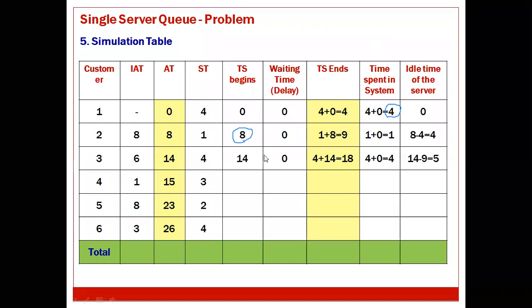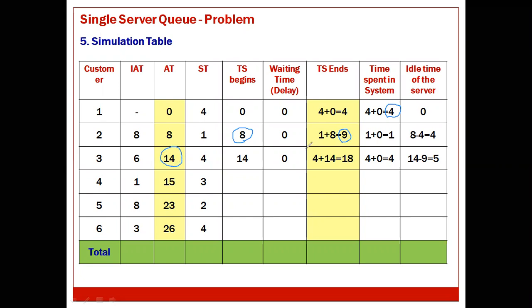So let us see how to find this TS begins again. The time service of the previous customer ended at 9. Then the arrival time of the new customer is 14. That means the previous customer ended his service at 9, and the new customer is arriving at 14.